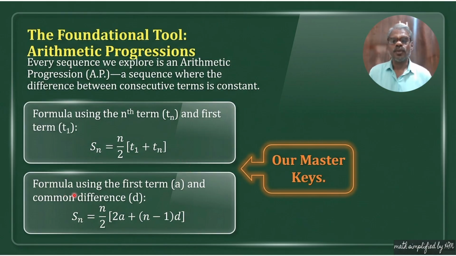Second formula using the first term a and the common difference d: Sn = n/2 [2a + (n - 1)d]. These are our two master keys.